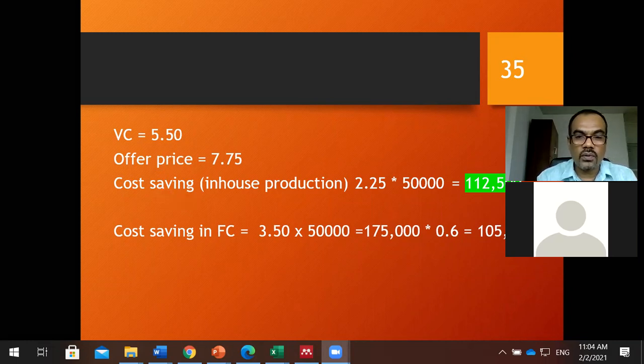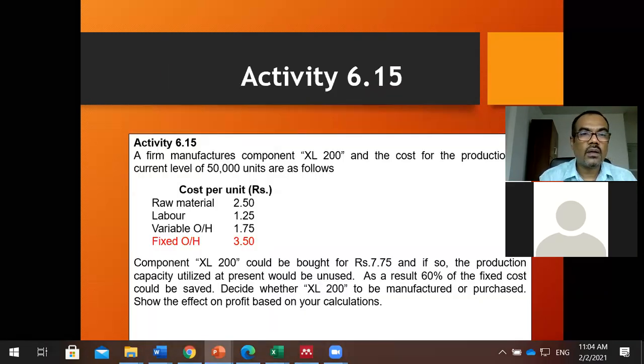Yeah, so the answer is shown. So for the last question, 6.12, right? You're referring to the previous one or what? 6.12.